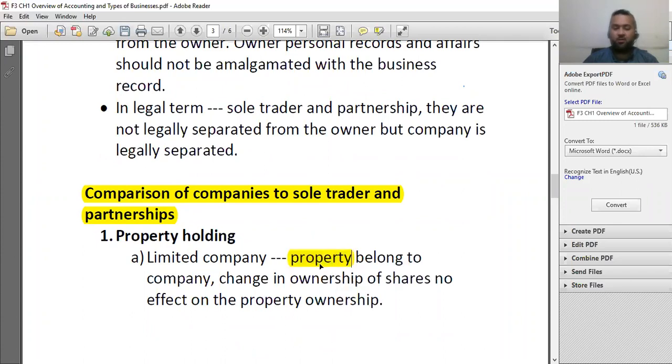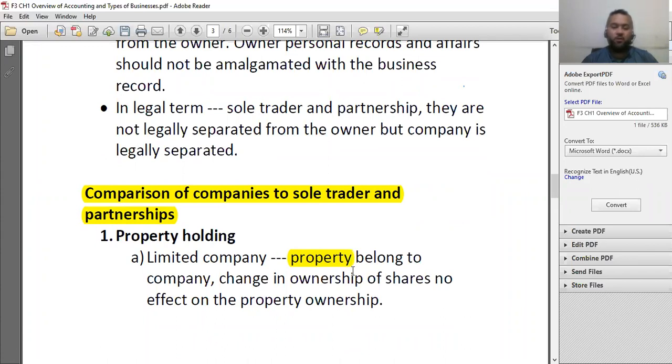Can someone answer how a limited company will have a property registered in the name of the company? Because a company is a legal entity. It means that a company can enter into a contract by its own name.